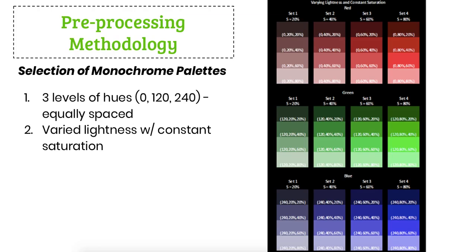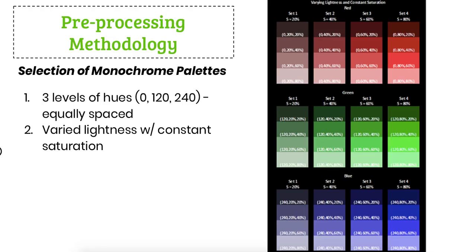The red, green, and blue hues were used in the experiment because they are approximately equally spaced in the color wheel. The lightness and saturation of the selected base hues were then varied to maximize visual distinction. We used the method proposed by Wang, where a monochrome palette consisting of four variations of a single hue was generated, as can be seen in the figure.